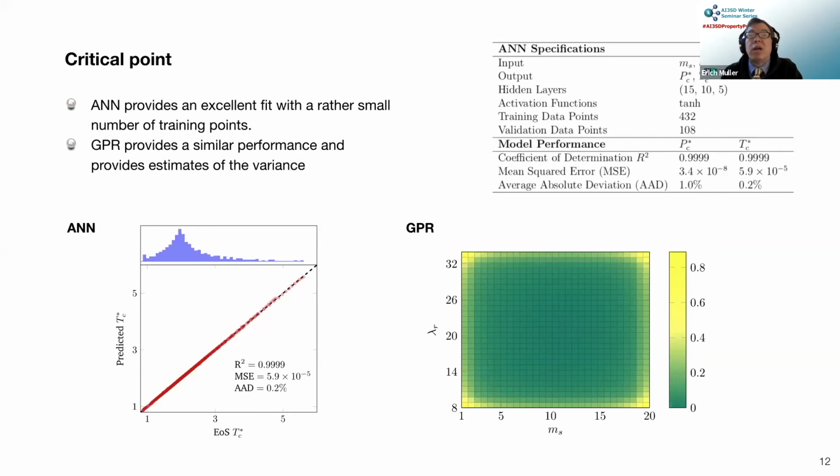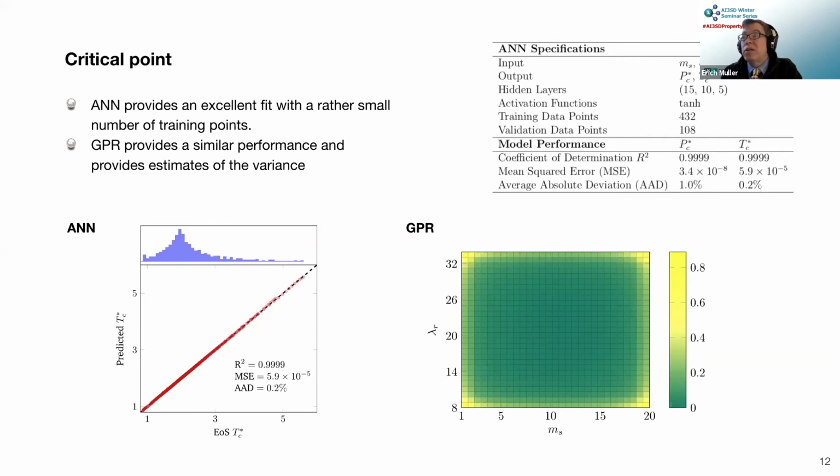On the left-hand side, you have the predicted critical temperature as opposed to the equation of state critical temperature, or the exact one, and you see actually a perfect fit. And the histogram distribution on the top, in blue or purple depending on your eyesight, is the distribution of data points along that line.